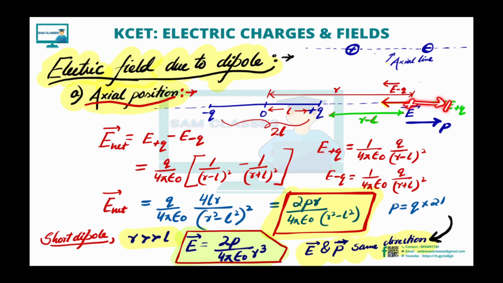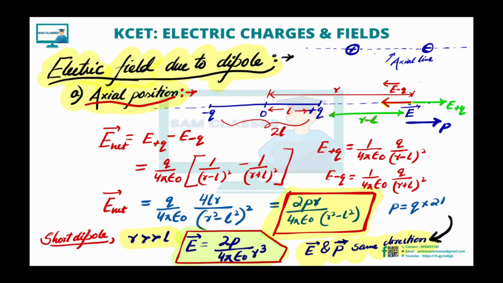Now we know due to this plus Q charge, what will be the electric field? It will push a positive charge this side, and this minus Q will attract it this side, correct? So the net electric field is equal to E of positive charge minus E of negative charge.